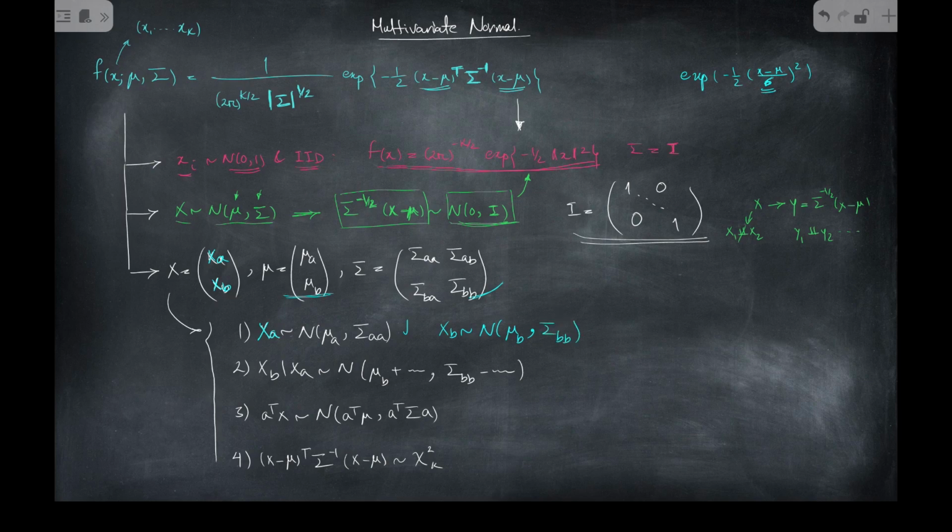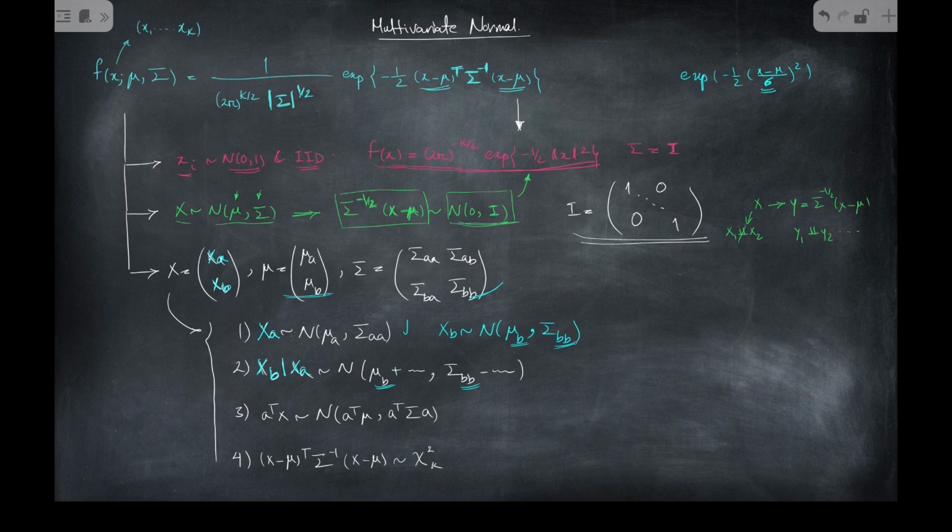Also, interestingly, XB given XA, so one part of that vector given the other part, is normally distributed. The formula is very complicated, but you can think about it as an updated version of the above form. Here I have mu B and sigma BB, and here I have mu B plus something and sigma BB minus something. So basically you update the mu and covariance matrix.